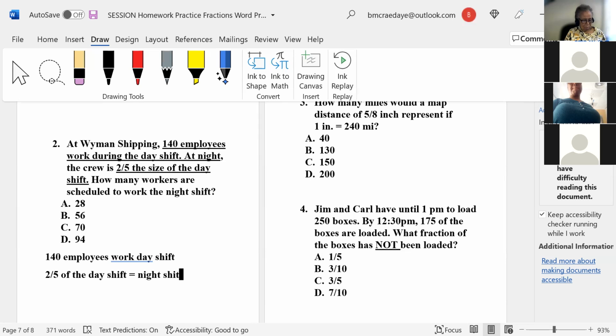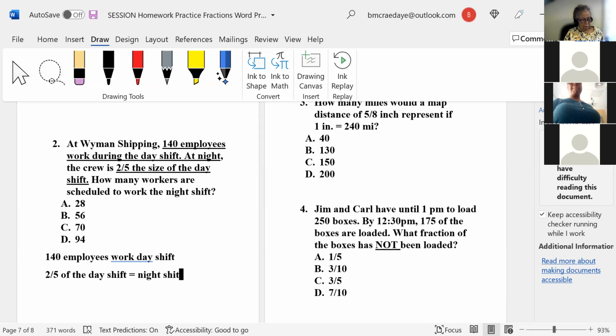I divide 2 into 5 or 5 into 2 to get the decimal number. That's what I did. I'm trying to remember how I did it.